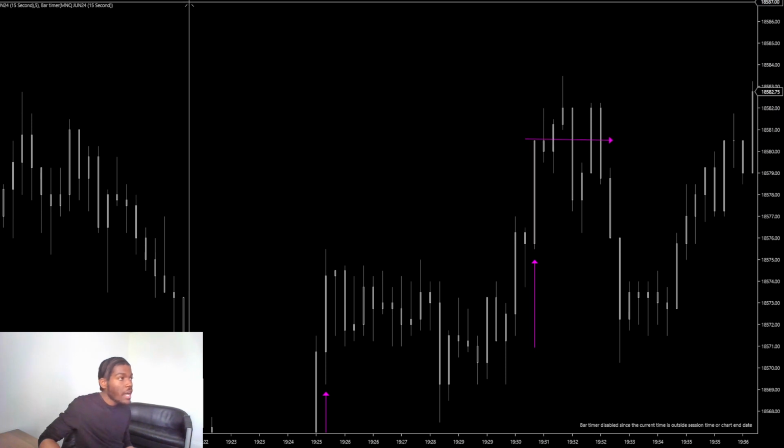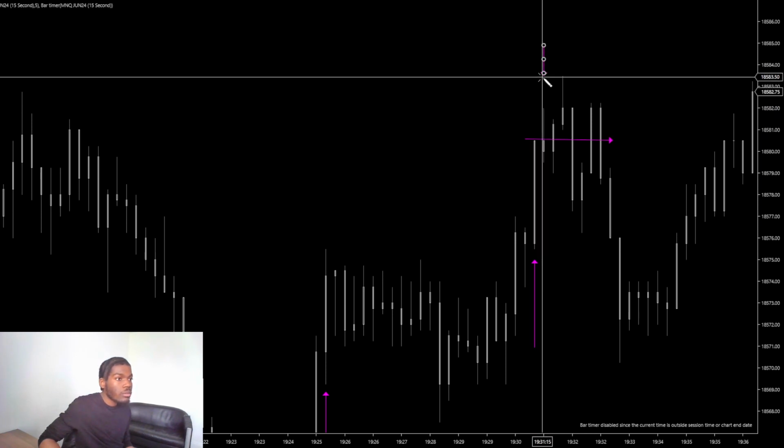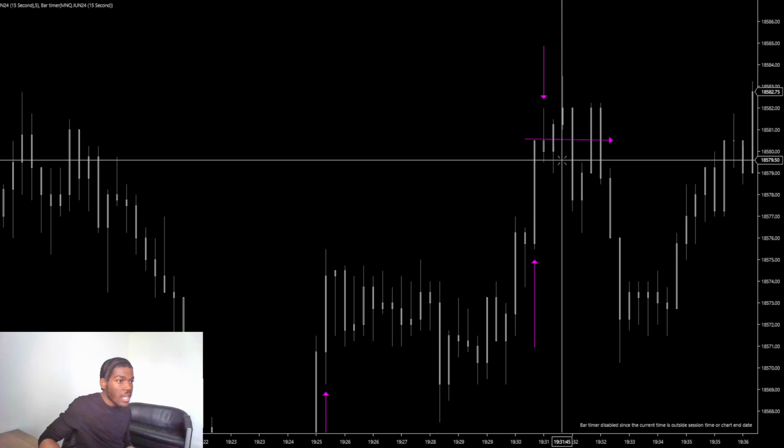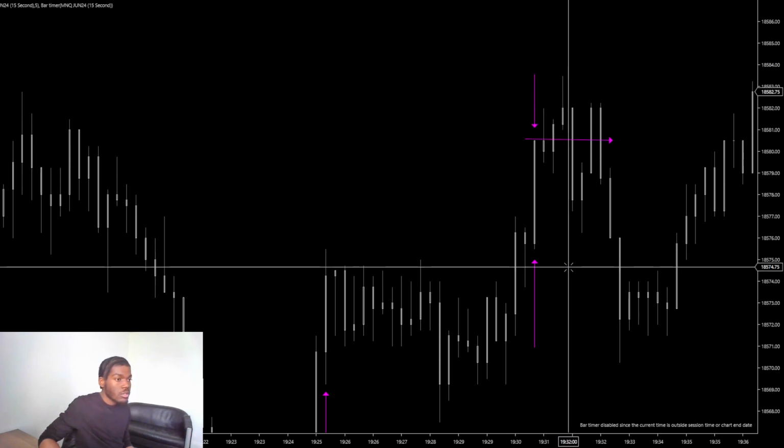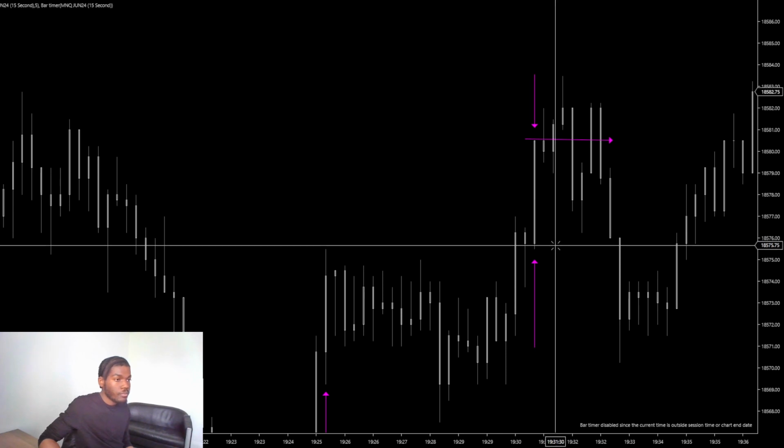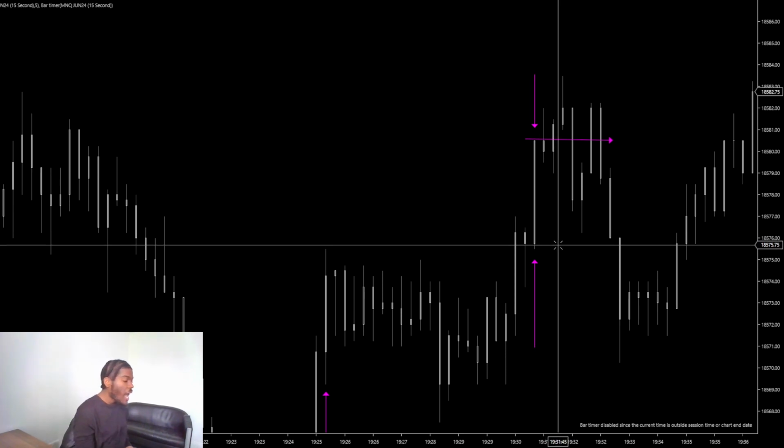Now you see this higher high? This high from the down candle belongs to the up candle. So a higher high created by a down candle belongs to the last up candle.